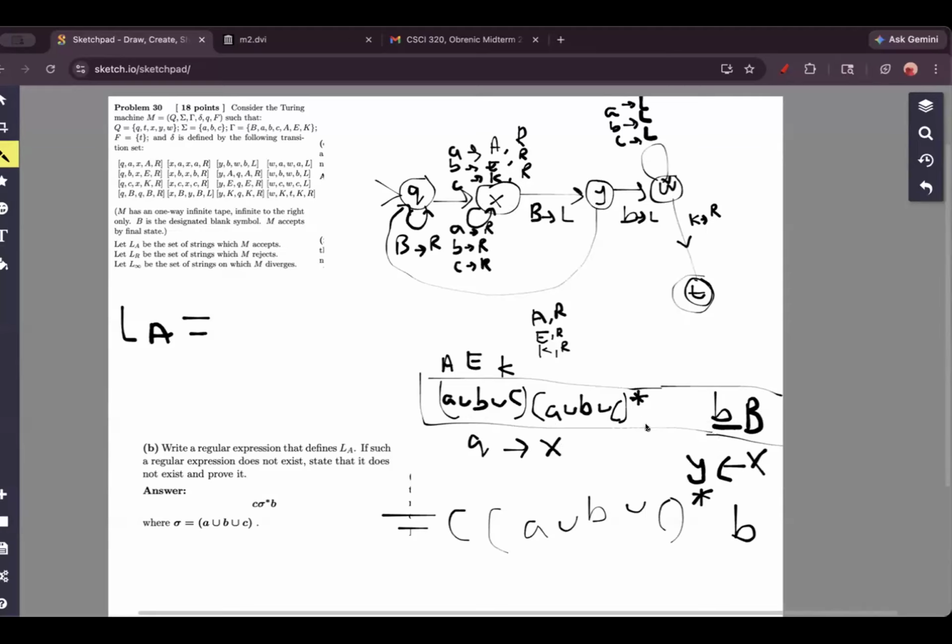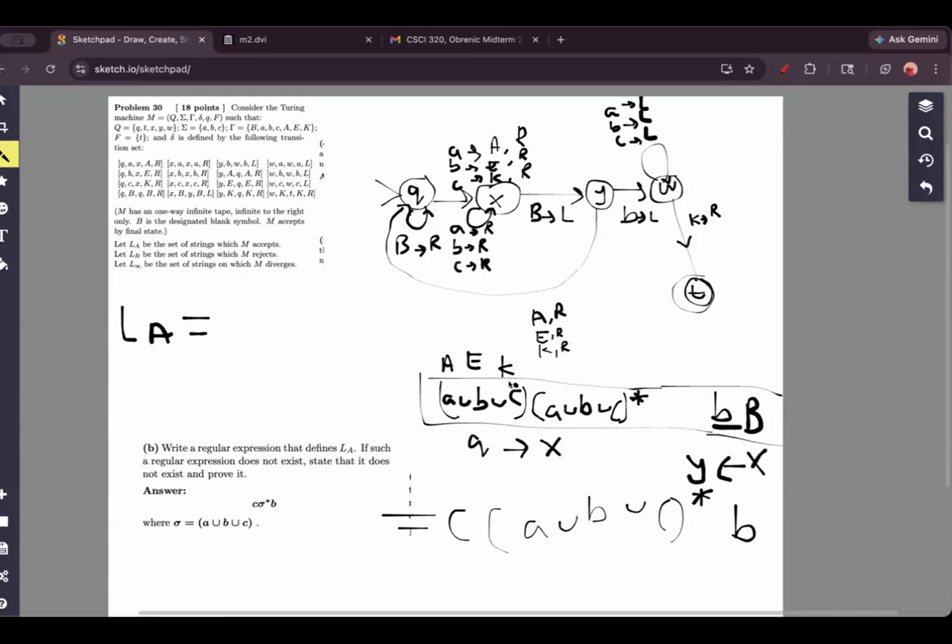Now I'm looking at the left side and then I see W is basically this bit. W is right here. I'm looking at the left side of B, right? So I see B, I see A, B, C. I keep on going left. In W, you're going left. I see all this stuff. And then over here, to go from W to T, I need to see a K. In Q, I turn all of these letters into uppercase: A into uppercase A, B into uppercase E, and C into uppercase K. So in W, I need to see an uppercase K right here, right?